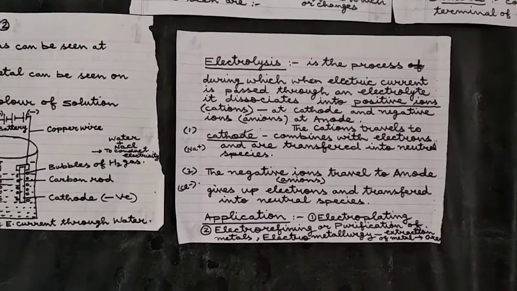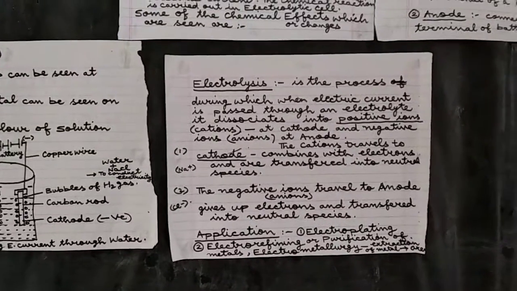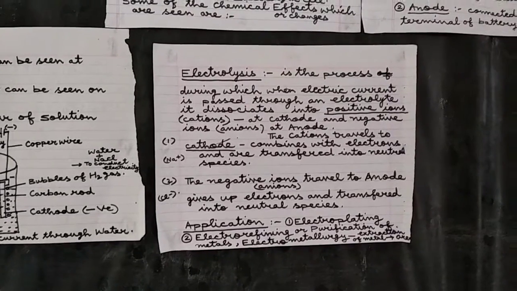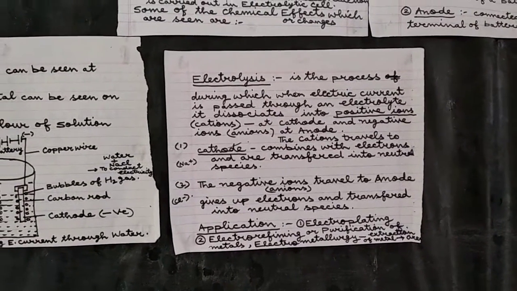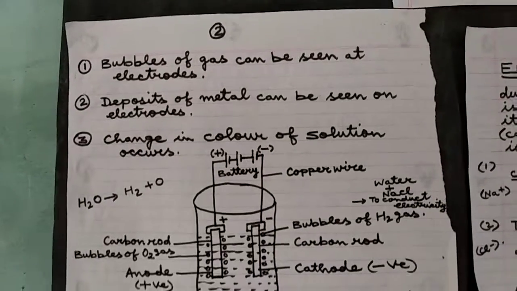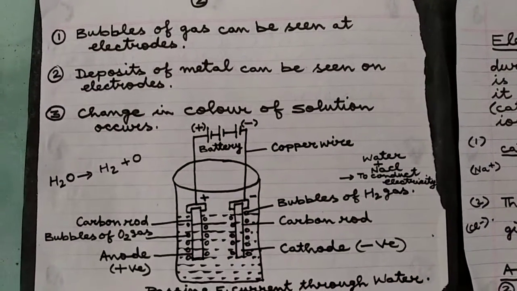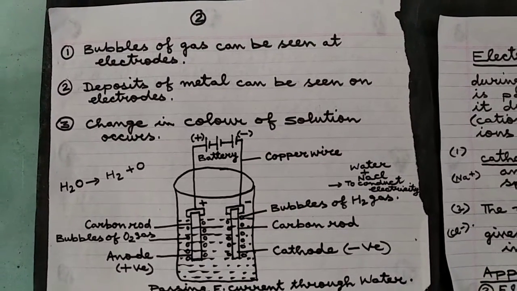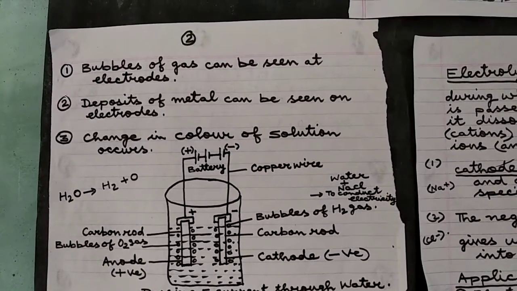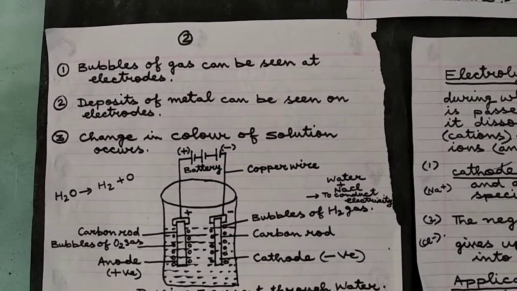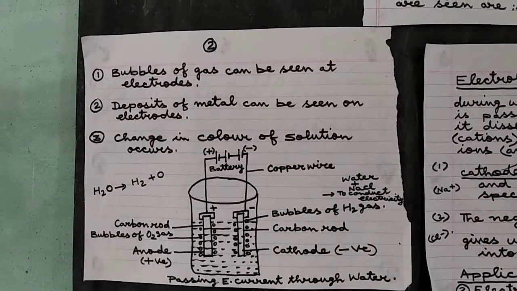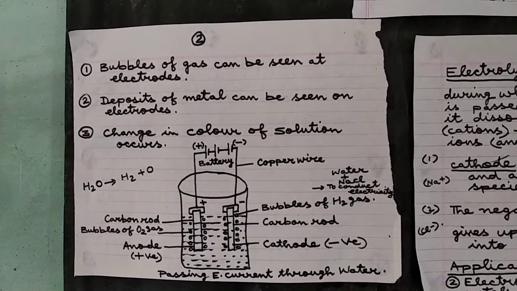Here, students, one point I missed while I was explaining the chemical effect of electric current: what are the various types of changes which take place during the chemical reaction. The first type of change which we can see when the electric current is passed through an electrolyte or conducting liquid is that bubbles of gases can be seen at the electrodes.